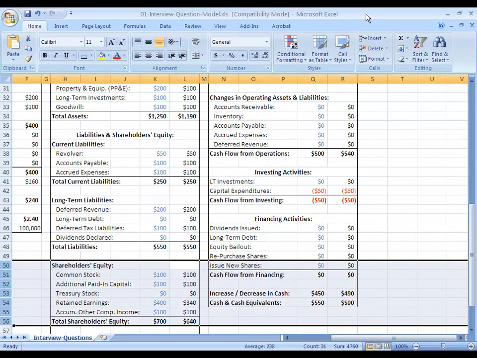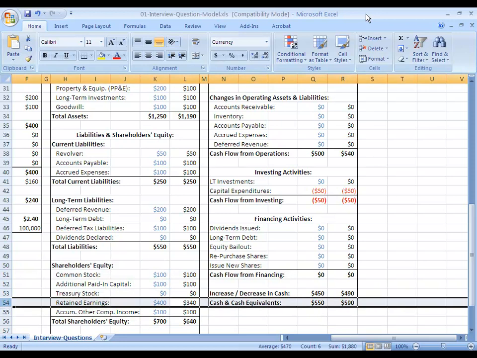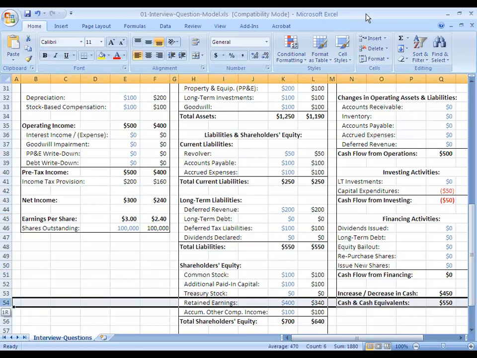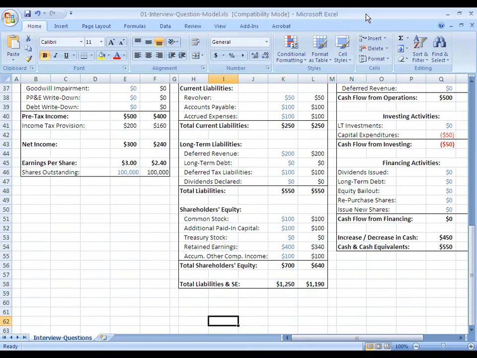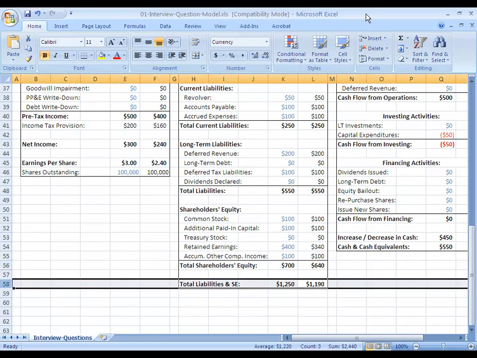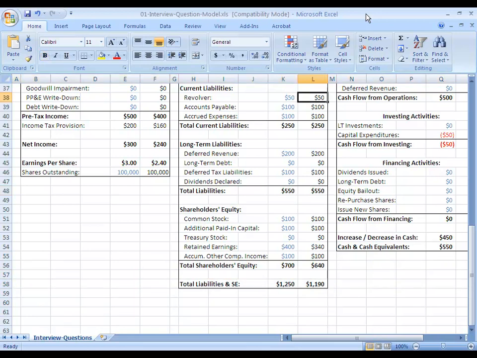All that changes is that under shareholders' equity, retained earnings is down by 60, because our net income, if you recall, was down by 60, and this net income flows directly into retained earnings under shareholders' equity. So shareholders' equity is down by 60, and our assets are also down by 60. So both sides of the balance sheet balance, and our question walkthrough is complete.